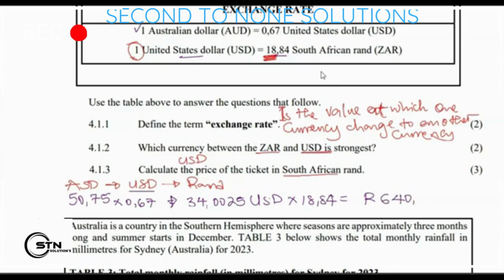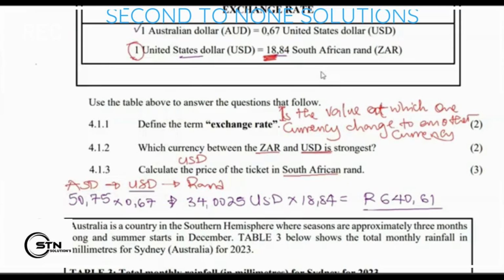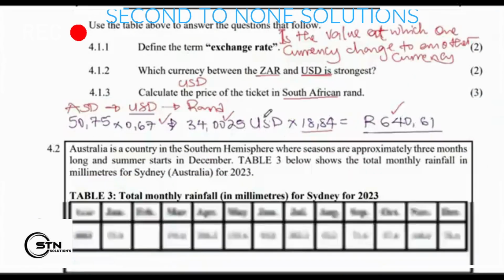You get 600 rands, 61 cents. Each step is 1 mark. Yes, you multiplied by that, you have the final answer. You knowing that you need to multiply, you get a mark for each step. All right.